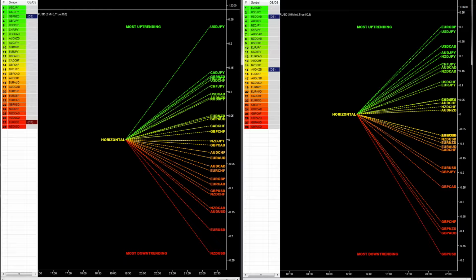And as you would expect, the currency pairs moving the most and with momentum also display the steepest upward or downward gradient on the array. Currency pairs with little movement and therefore in congestion are found closest to the zero level of the graph and appear horizontal or with little gradient to the line.